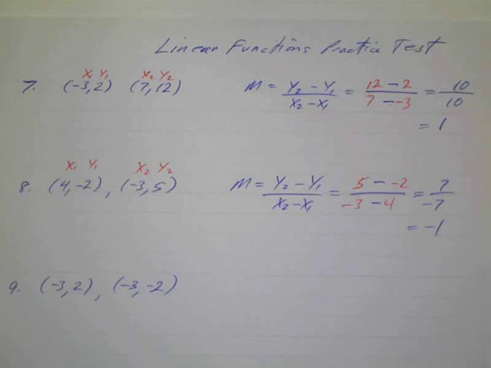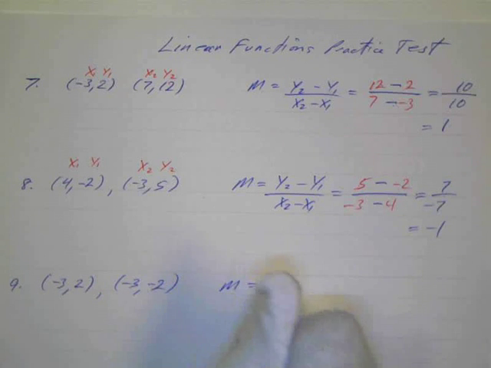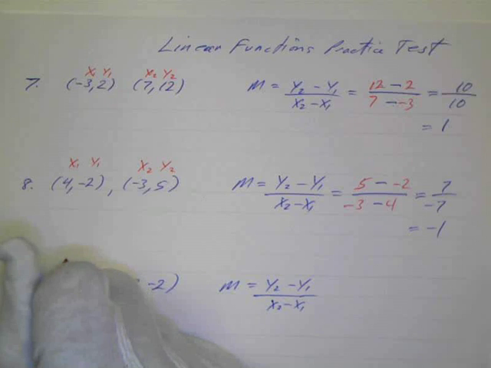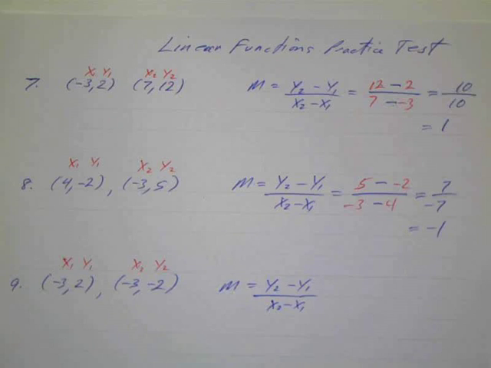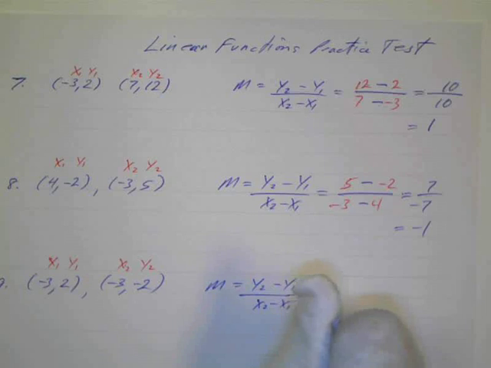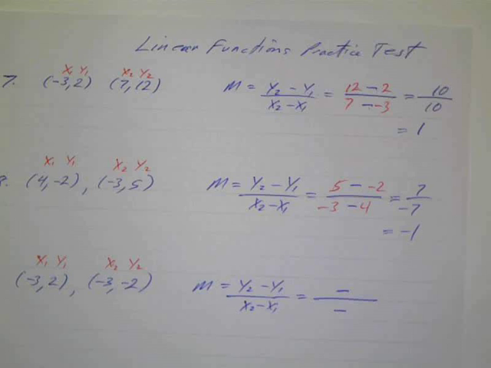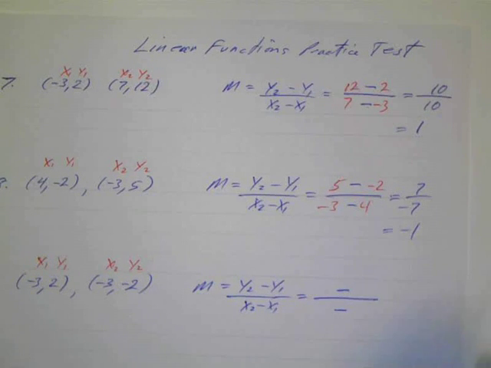Oops, sorry about that. Okay, and then number 9, again, I'll write down my formula, m equals. I'll label my points, and I've got x1, y1, x2, y2, and I'll substitute those in the formula. And we have, let's see, y2 is what?